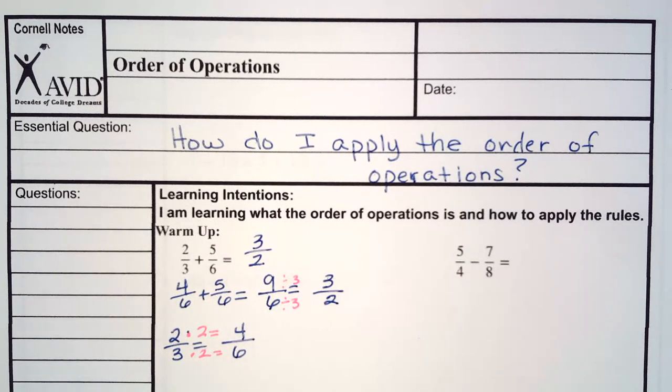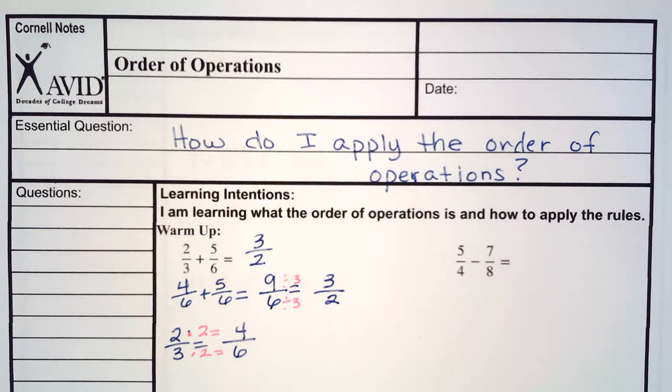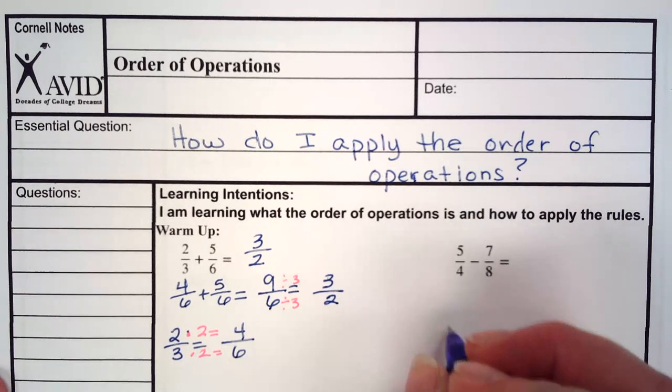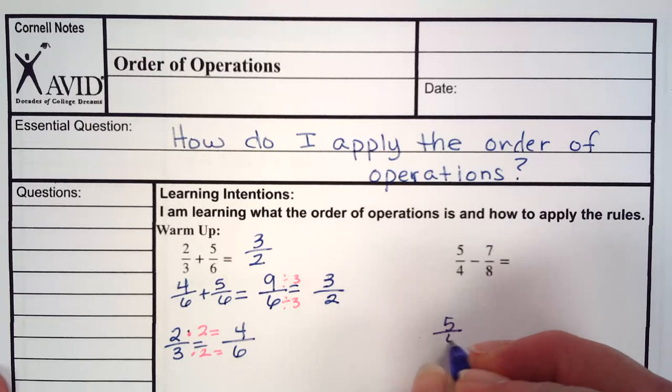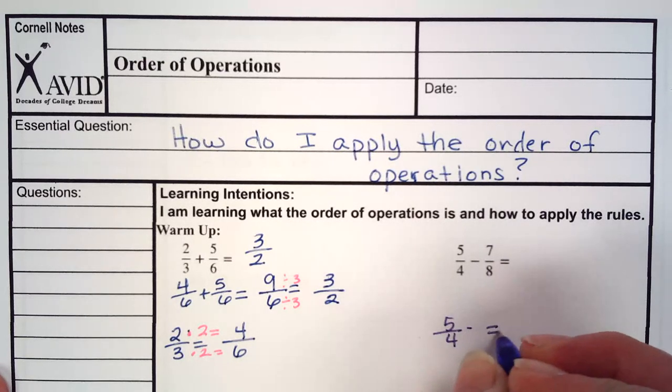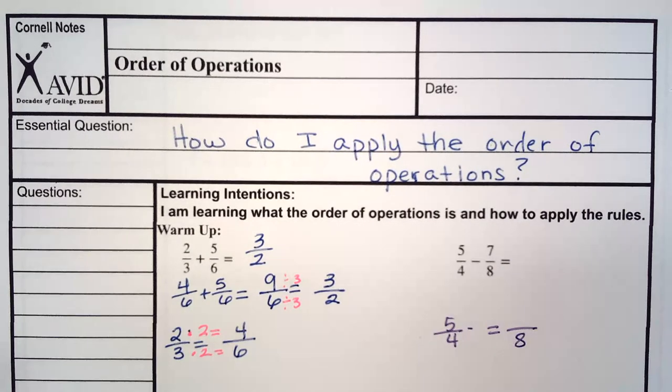Okay, looking at the next one, the same thing happens. I've got a 4, I've got an 8. 8 divided by 4 is 2. So I know that if I use 2, I can create those common denominators. What do I multiply 4 by to get 8?